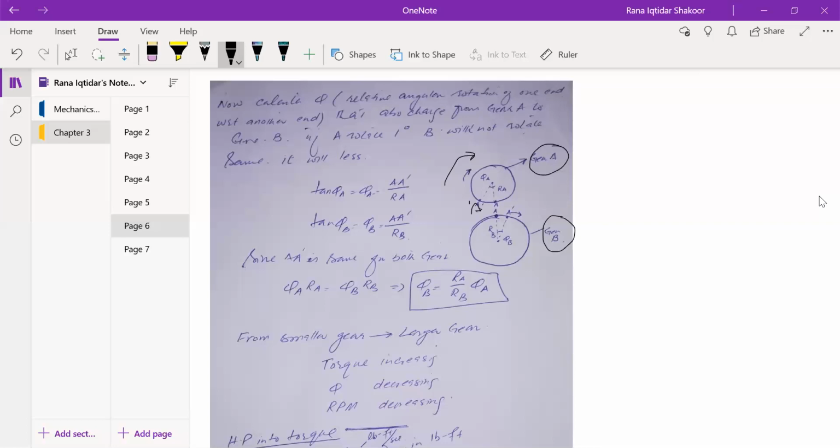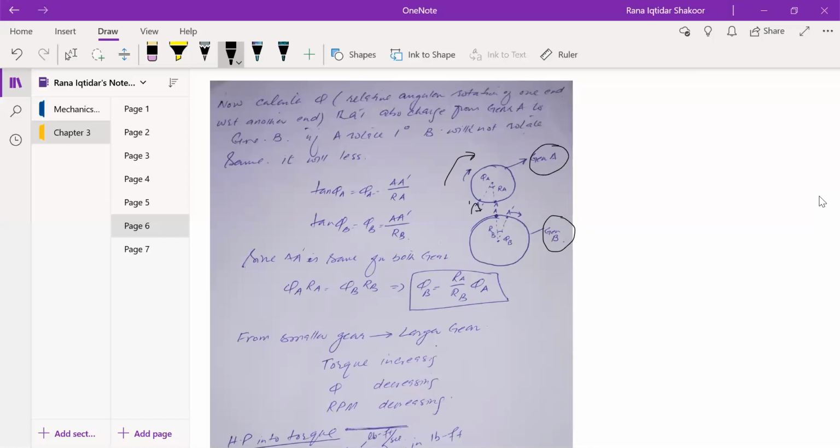And phi B, the angular rotation of gear B, will be the ratio of radii RA over RB multiplied by phi A.